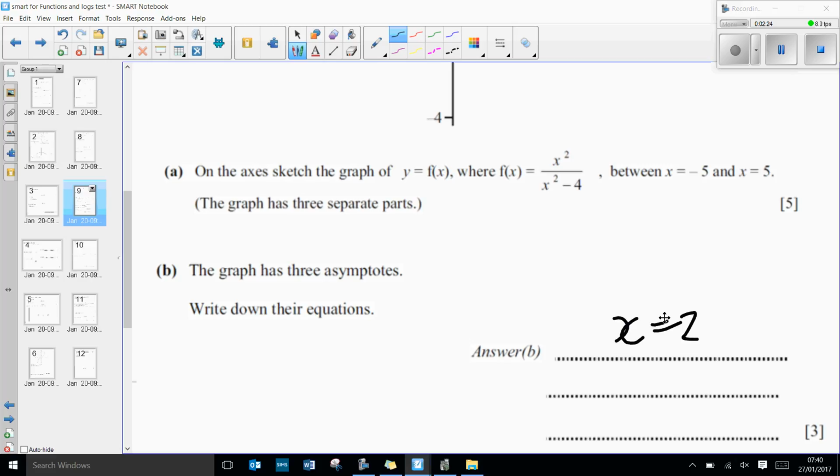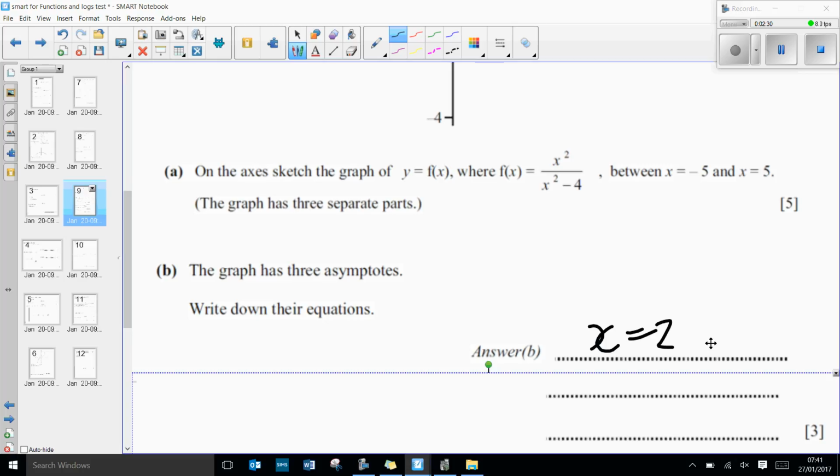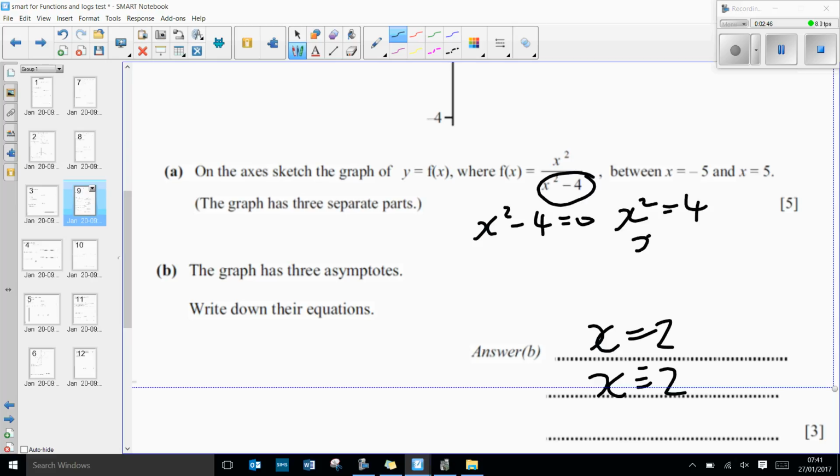And this is x equals -2. They came from the fact that we know the denominator cannot equal 0. So if x squared minus 4 is equal to 0, then x squared equals 4, x equals plus or minus 2. So that's where those two values came from.